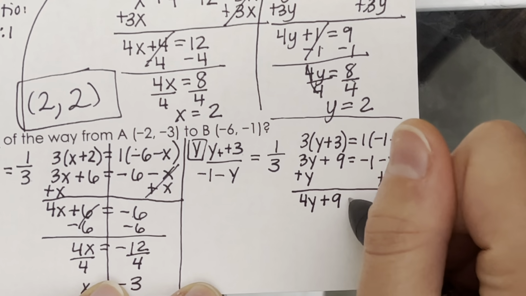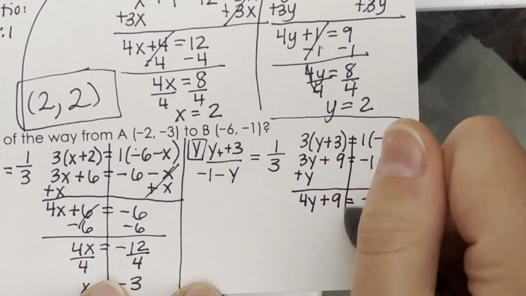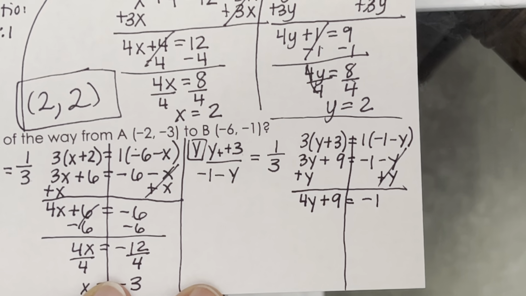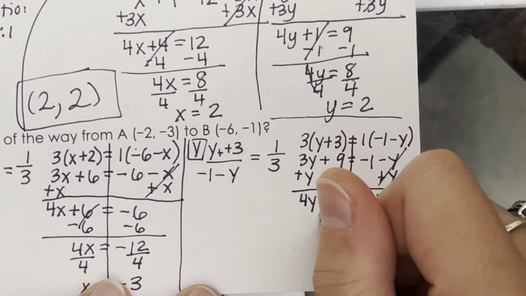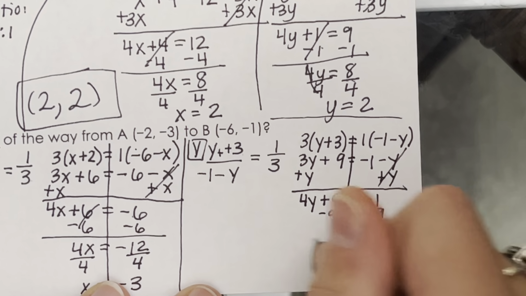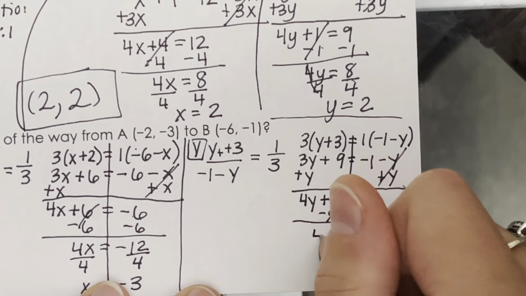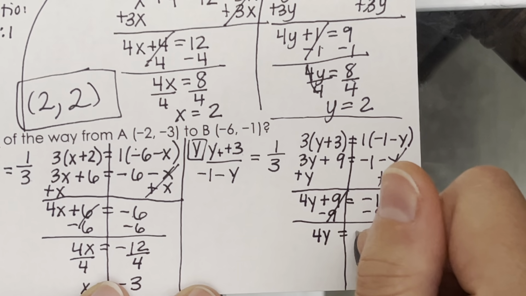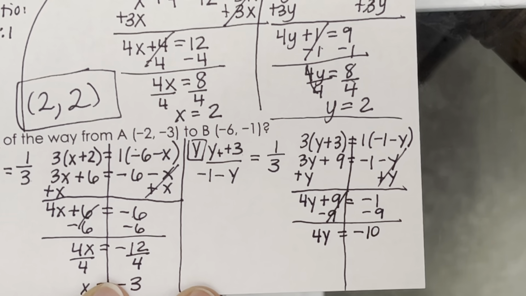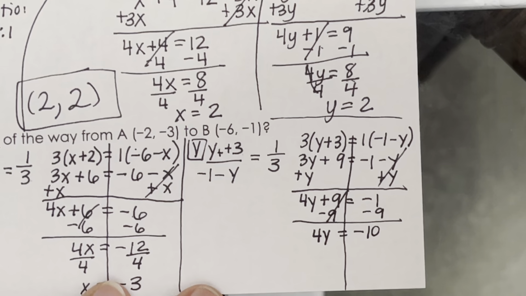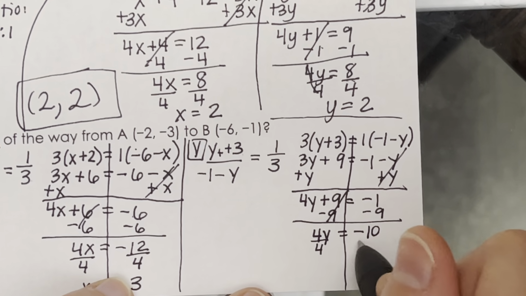Bring down my plus 9 equals negative 1. Next thing I'm going to do is get the y by itself, so I move the constant. I subtract 9 from both sides. I get 4y equals negative 10, because negative 1 minus 9 gives me negative 10. And then divide both sides by 4.